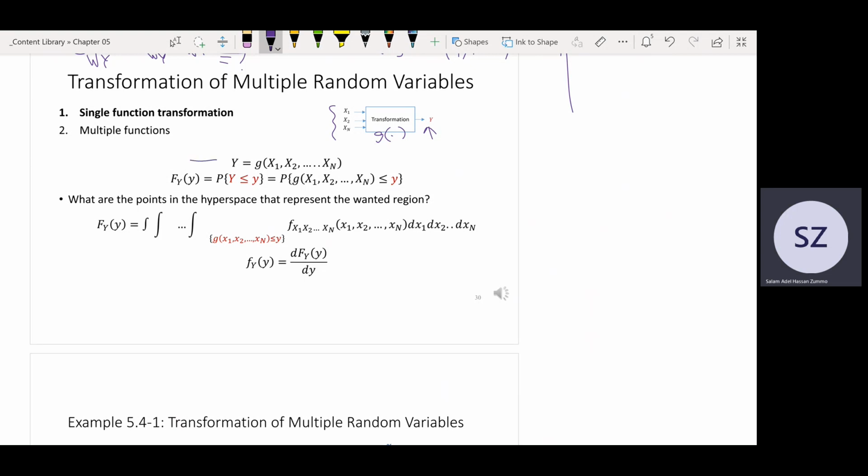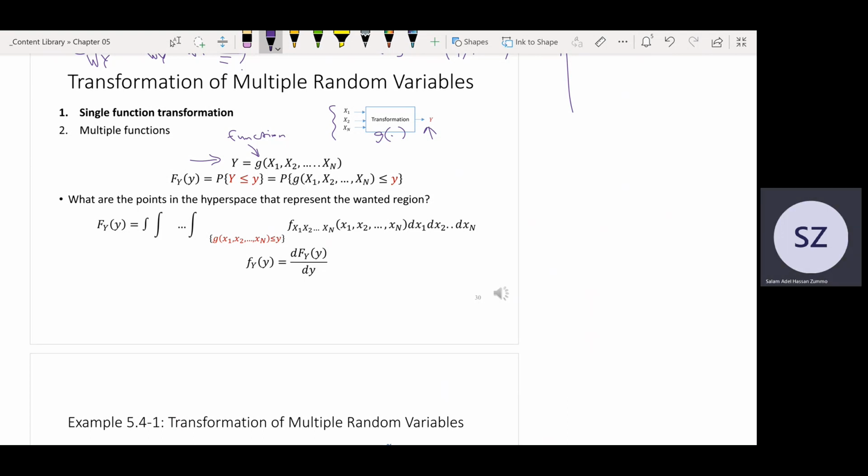So here y is a function G. So this is the function G of x1, x2, okay. Now before, y was equal a function of x. فاحنا هنركز اكثر زي ما قلنا على two random variables.